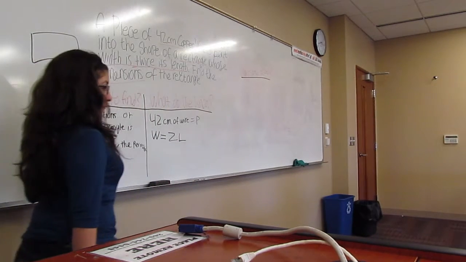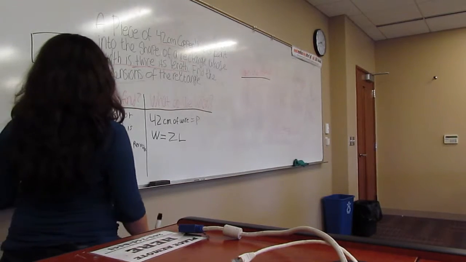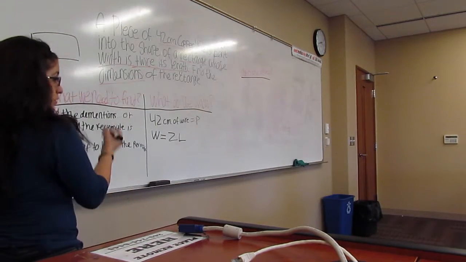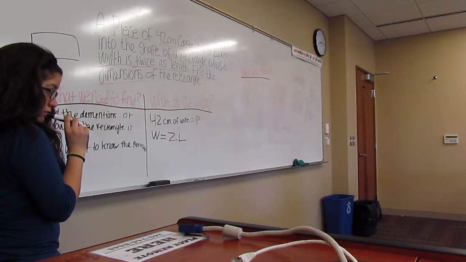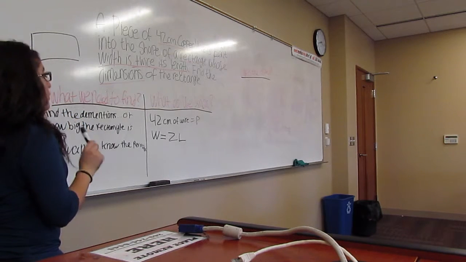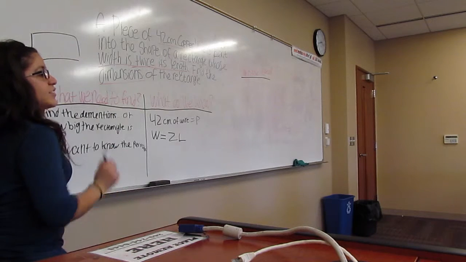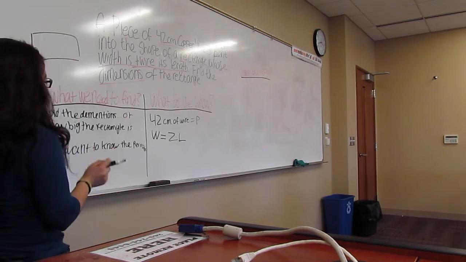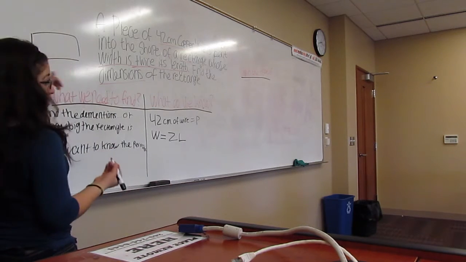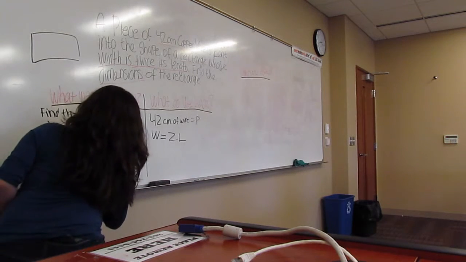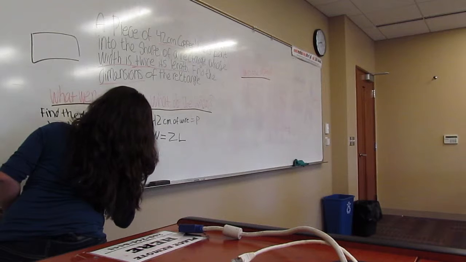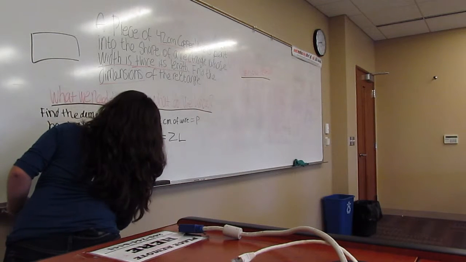I think we want to know how big each side is, and then use the perimeter, because we're adding up the sides. So we want to know what to add to make up the perimeter, and in that case, it would be the sides, meaning the length and the width. So we want to know the length and width.